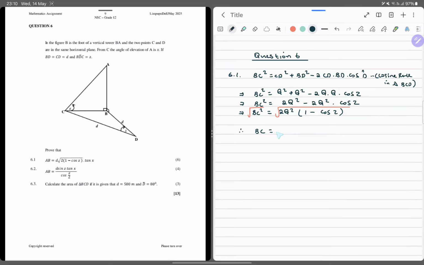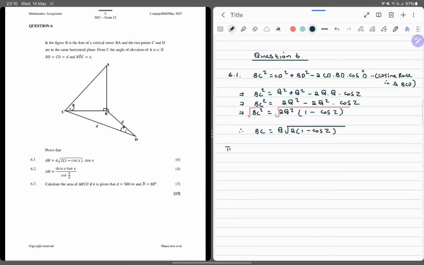So BC is going to be equal to, the square root of d squared is just d, times the square root of 2, which is irrational so we leave it, times 1 minus cos of z. Can you see we already have half of the stuff done? So what's missing is just the tan of x, which is very easy.